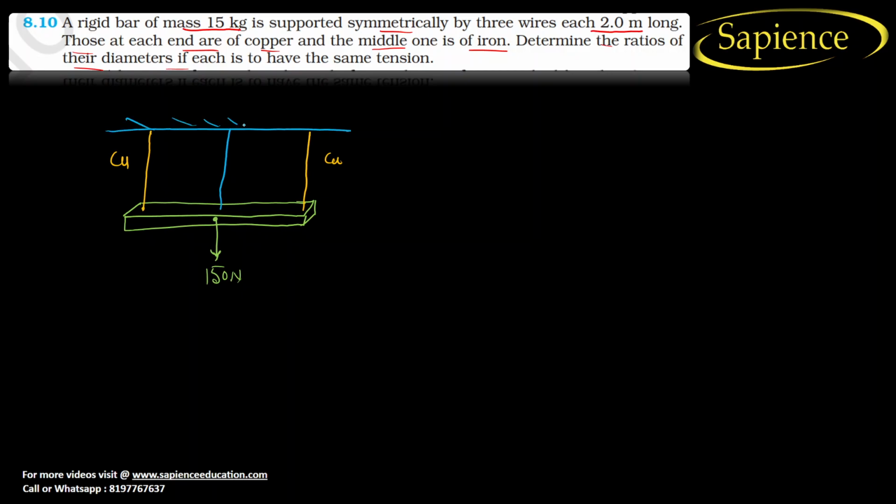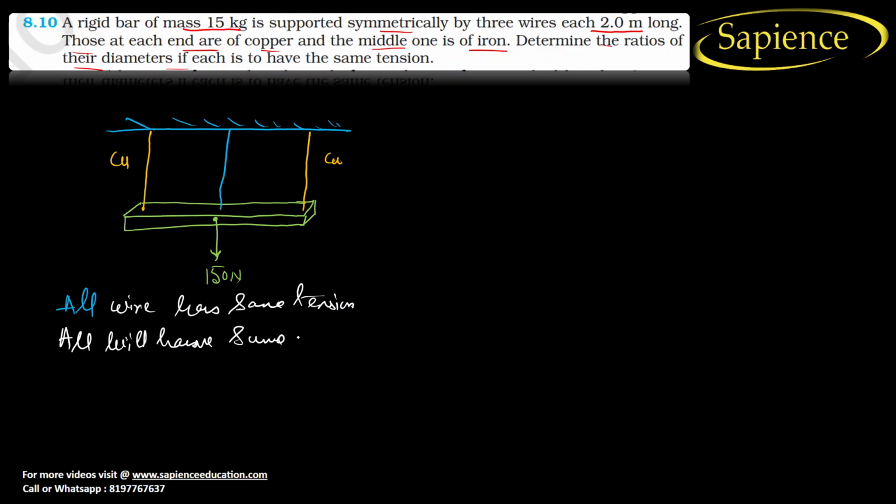Now, as per the situation, all wires have the same tension, right? Now the thing is that all will have the same deflection.